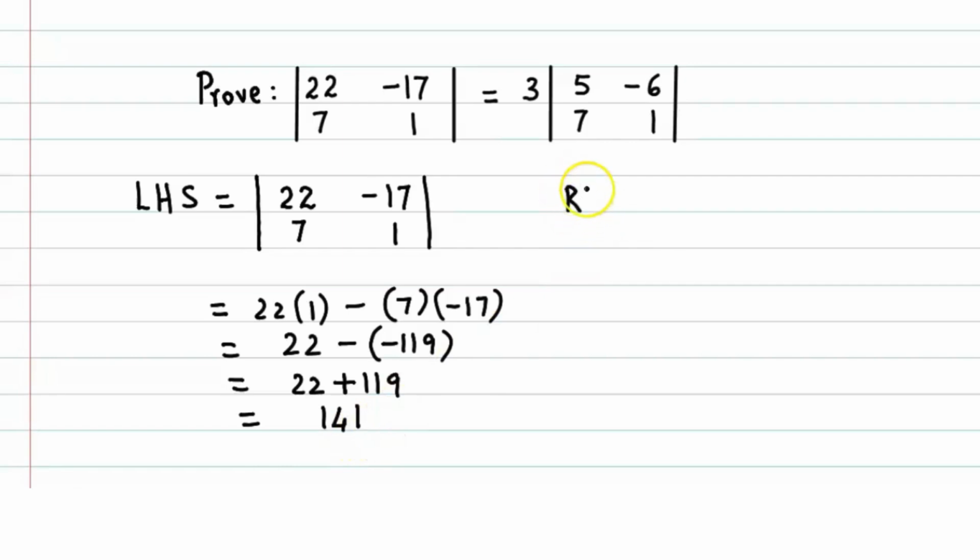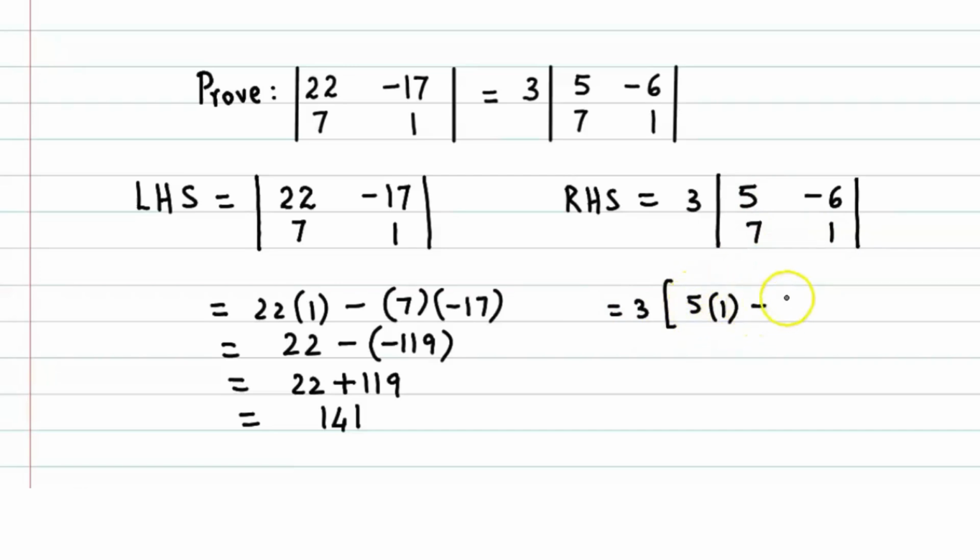Let's go to the right hand side now. Now right hand side is equal to 3 times determinant of 5, minus 6, 7 and 1. Again we expand this, so we have 3 times 5 into 1 minus 7 into minus 6.